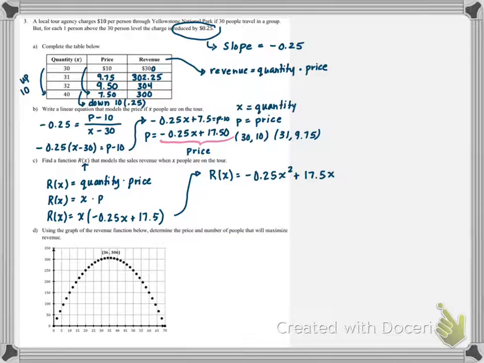Because it gives you the revenue. Yep. So the output of this function isn't the price, it's the revenue. That's why I didn't call it P, and that's why I didn't call this Y, because then it gets really confusing down here, because it makes you think that this is your price.